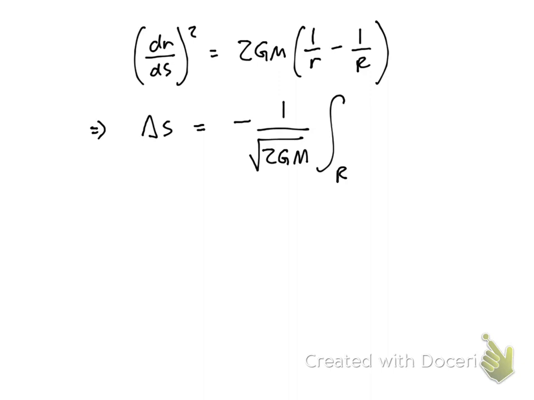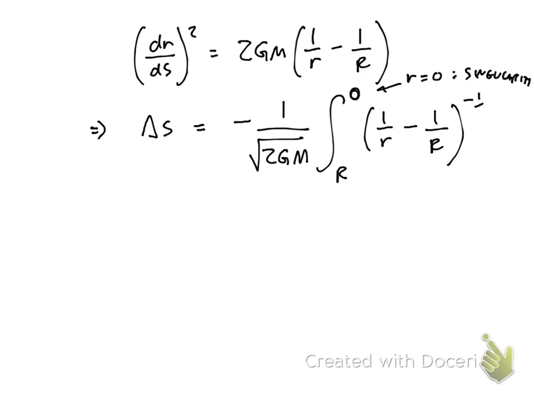So I want to start out at big R, but I want to end up at 0, because r equals 0 is the singularity. And the integrand is just 1 over little r minus 1 over big R, to the power minus a half. Okay, so this is it.